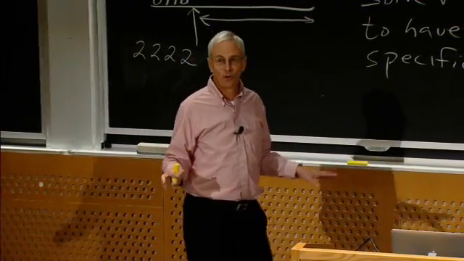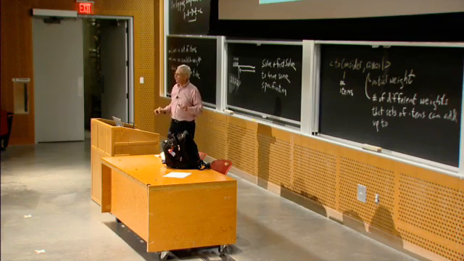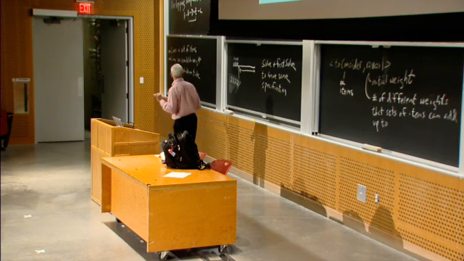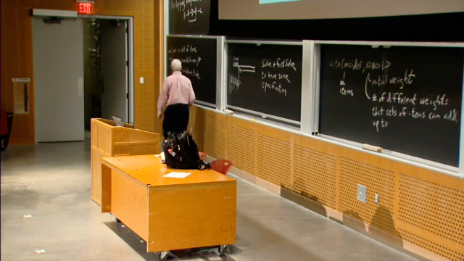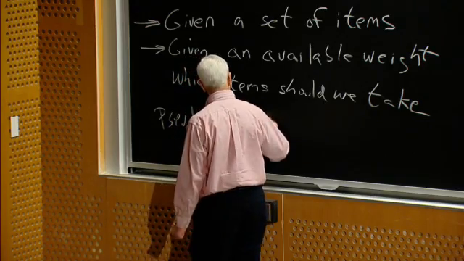It can, when all things go bad, be exponential, and that's what it is here. This kind of algorithm is called pseudo-polynomial. It kind of runs in polynomial time, but not when things are really bad.